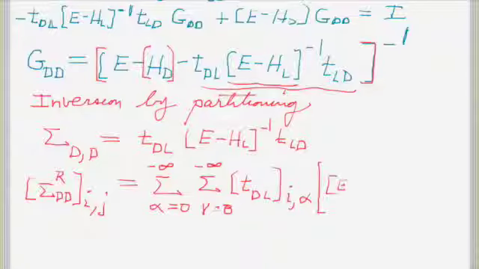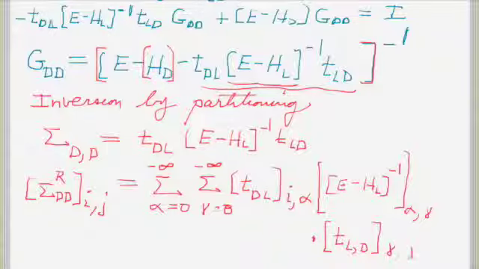E minus H left lead inverse, and then the alpha gamma indices of that, since that's all in the left, that's the Hamiltonian of the left lead, times T_LD gamma j.